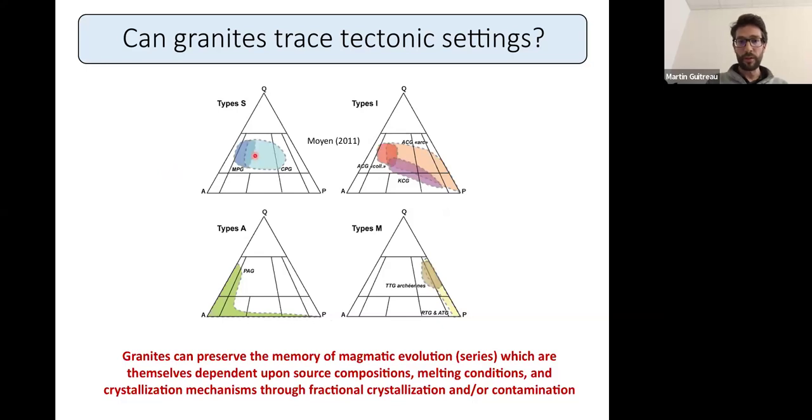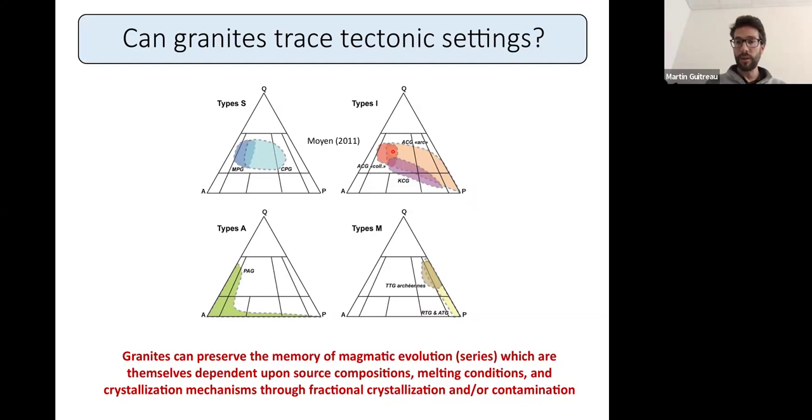So if you go back to the Streckeisen diagram and use a classification that many of you may be familiar with, which is the I and S type, the A type was included later on, and then there's also sometimes the M type that you'll see. Using the Streckeisen diagram, you can see that these granitoids preserve the memory of magmatic evolution, otherwise known as magmatic series, where you have the entire spectrum of granitoids that will help you reconstruct the history of your magmatic evolution.